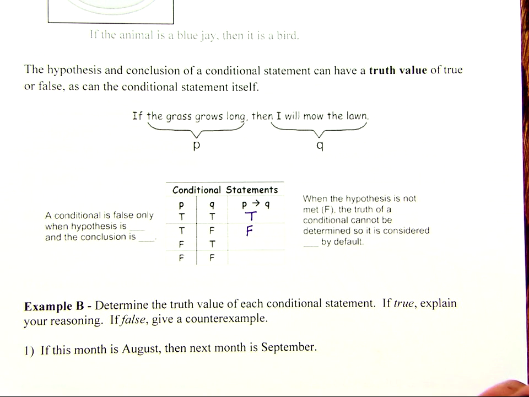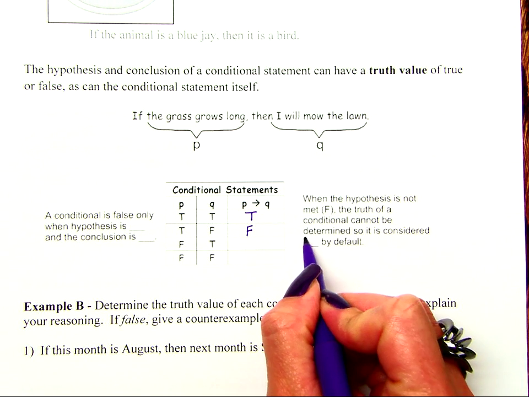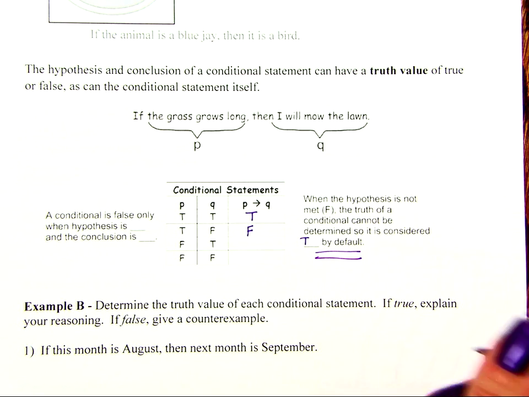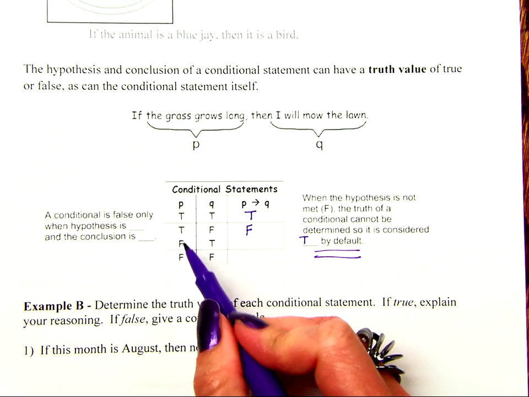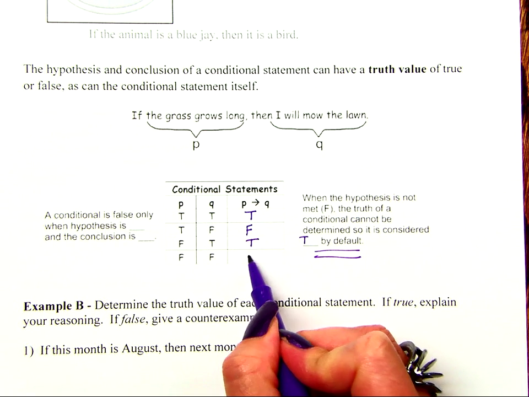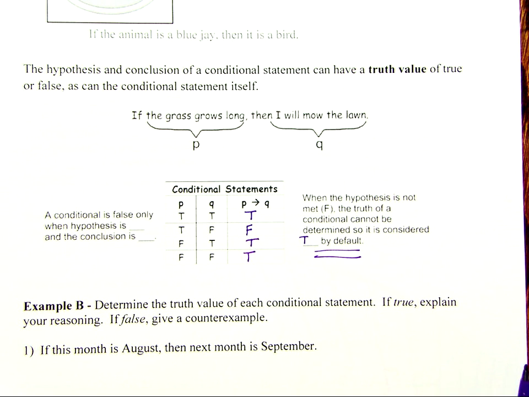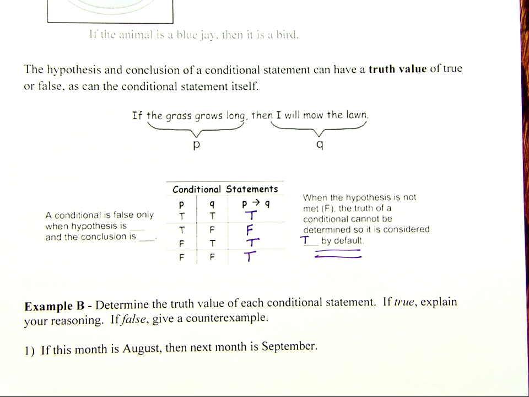The last two are kind of unique. When your hypothesis is false, it says that the truth of the conditional cannot be determined, so it's actually considered true by default. So if I have a hypothesis that is false, no matter what my conclusion is, these are going to be considered true by default.